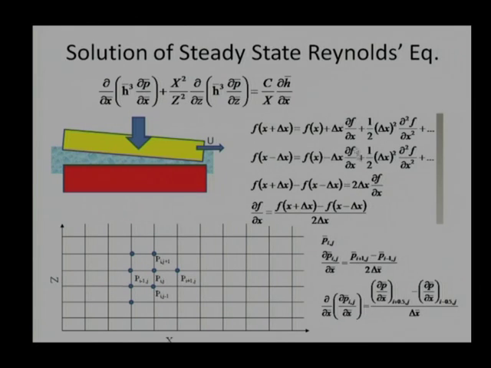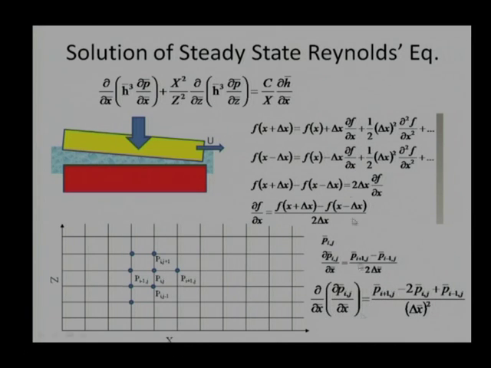Taylor series gives an expression. When we subtract equation 2 from equation 1, we get this expression, and this gives an approximate value of the first derivative of f with respect to x. That was utilized to approximate the first order pressure gradient and second order pressure gradient, and get the overall expression.